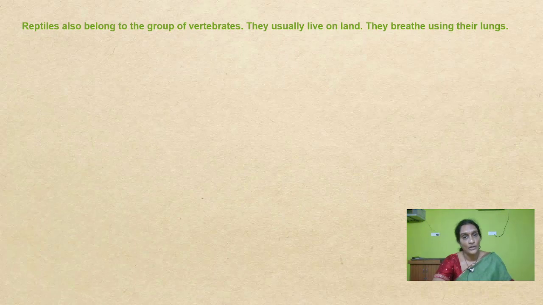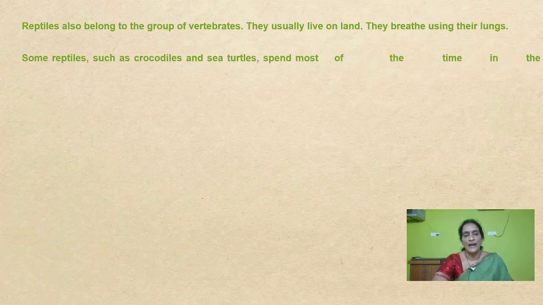A tadpole used gills, but when the tadpole turned into a frog, the frog used its lungs. That's why amphibians lead a part of their life in water and the remaining part on land. So reptiles live on land, and they breathe using their lungs.